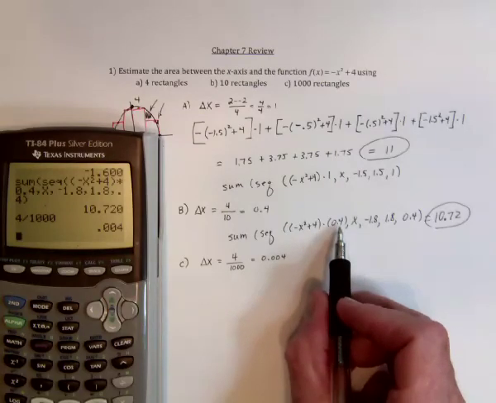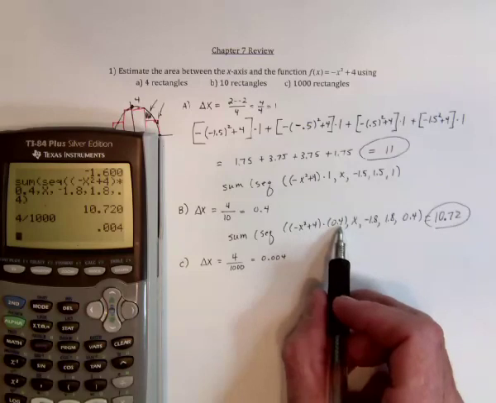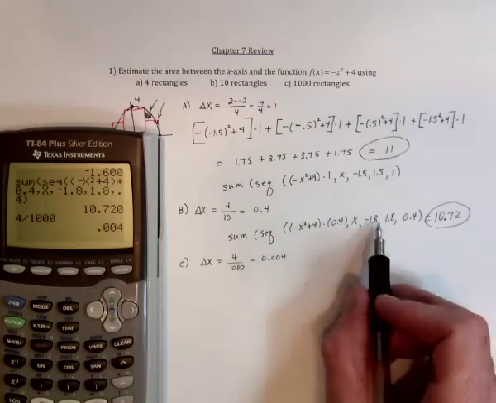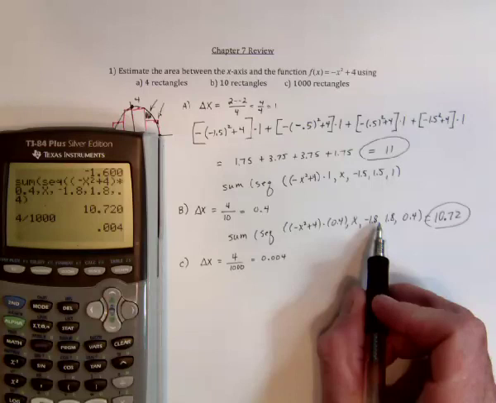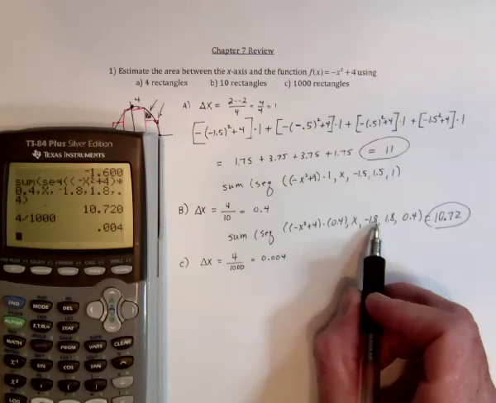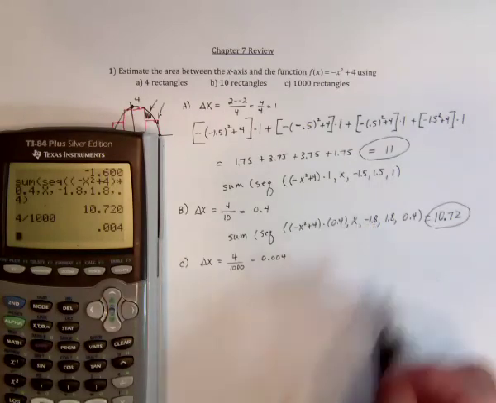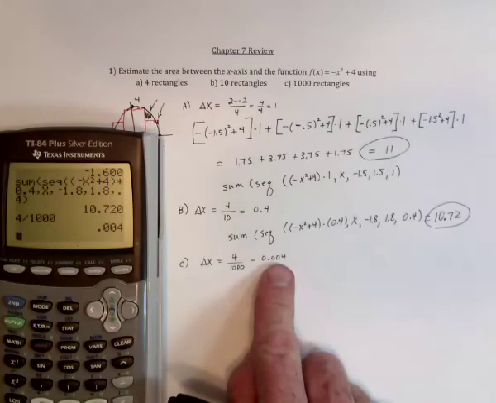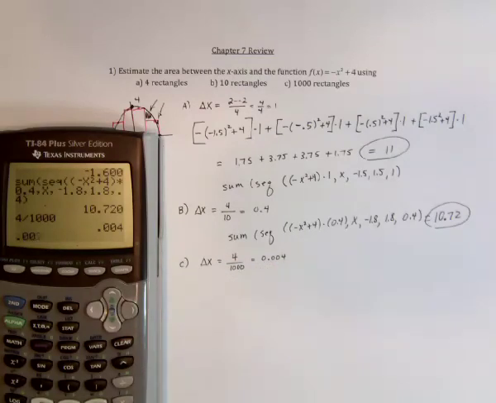And then if you cut that in half, look at this one. If you take this and cut it in half, 0.2, then from the original starting point of negative 2, go over by 0.2. So take this and cut it in half, 0.002, and add that to the original left-hand side, which was negative 2.